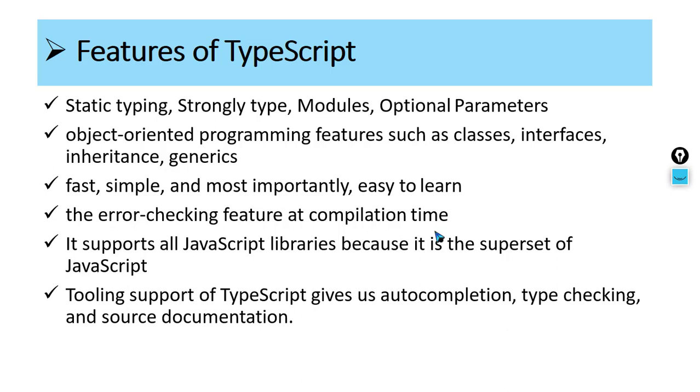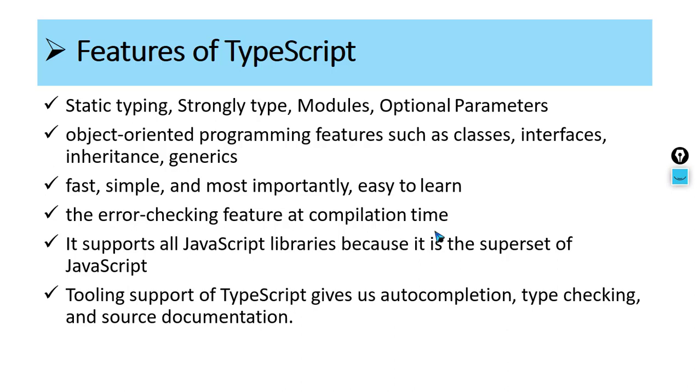Suppose 3 parameters are there and 2 of them are optional, you can pass 1 parameter, or 2 parameters, or 3 parameters to the function. So it gives you the advantage of calling the function in various ways. That is the optional parameter concept. This concept is available in C++ also, even in Java. So the same concept is available here.